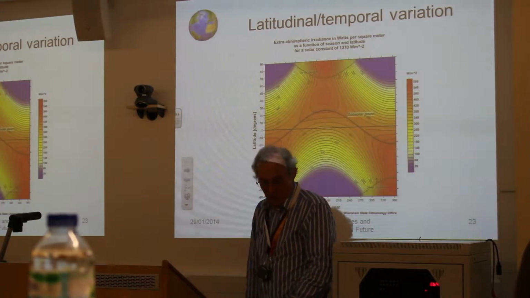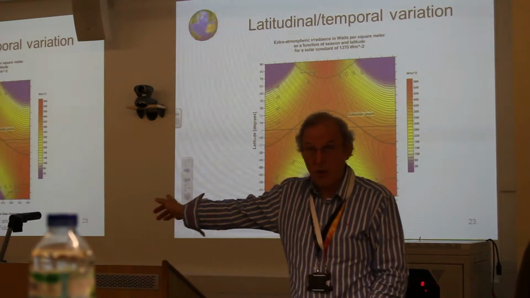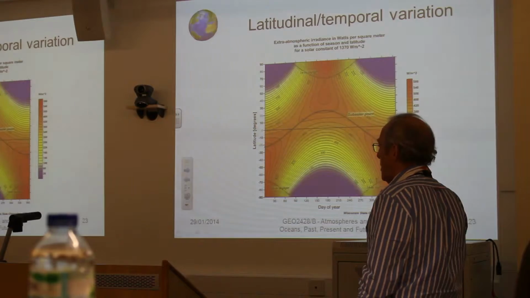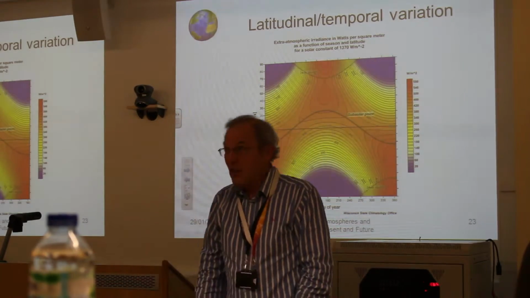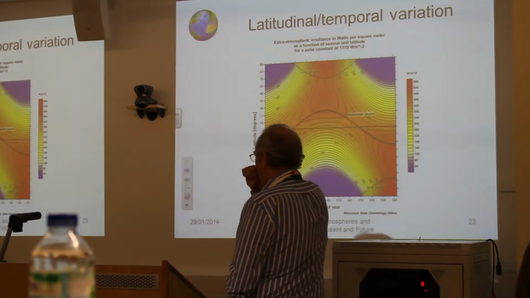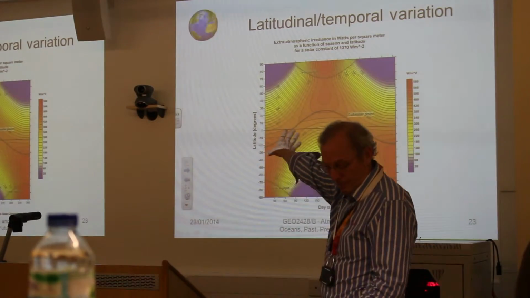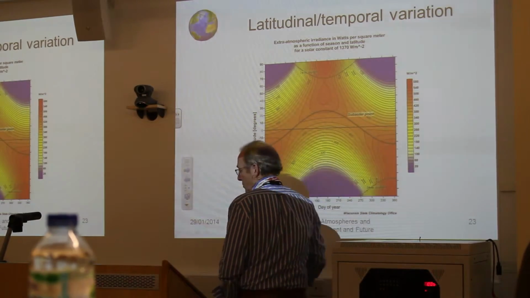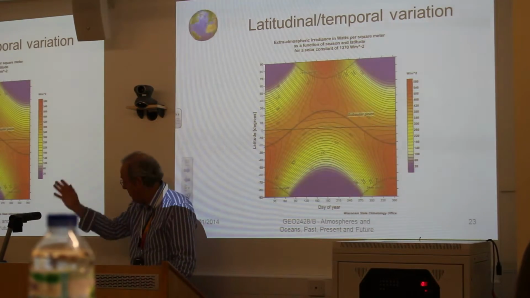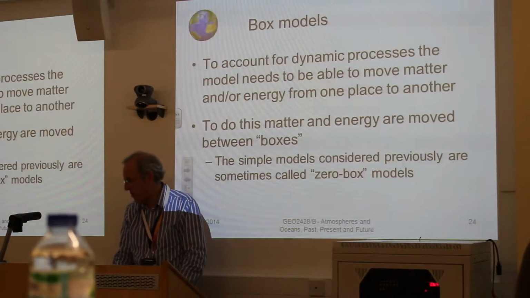So we know, for instance, that the reality of the Earth is this. This is solar radiation coming into the Earth through time and across latitude. So it's not a simple system. But we can, with very simple modelling, get it almost around the right sort of figure that we need, despite the fact we know that the complexity is like this.